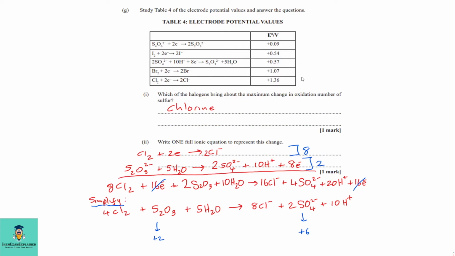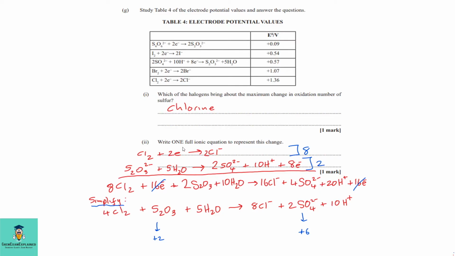Let me say that in the event you get negative values or less positive values, then it would be stronger reducing agents. So the more negative the electrode potential value, the stronger of a reducing agent the species will be. The more positive the electrode potential, the stronger of an oxidizing agent the species are. So that is why chlorine is the one that will bring about the maximum change.